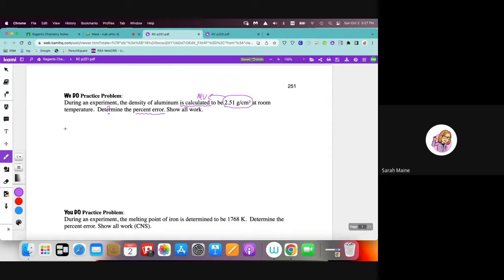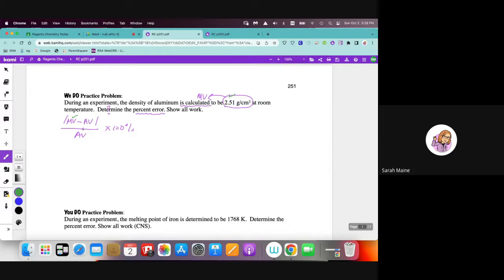So first thing I'm going to do is write down my mathematical relationship. So it's the measured value minus the accepted, and it's an absolute difference, divided by the accepted value, times 100%. So I know when I read through the problem, I have the measured value, and there it is.